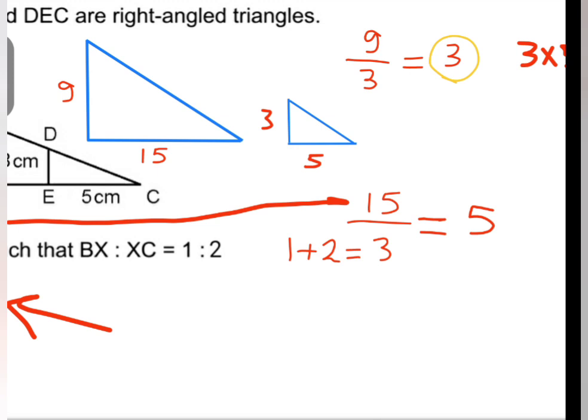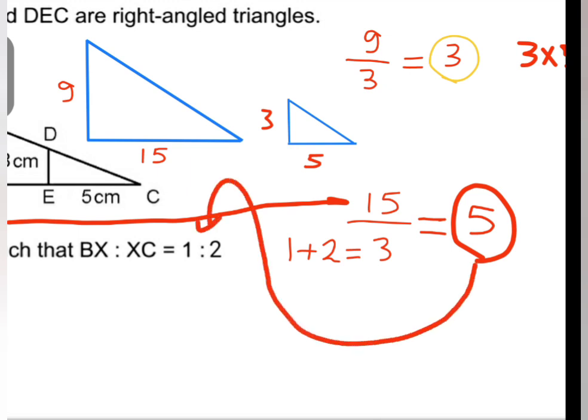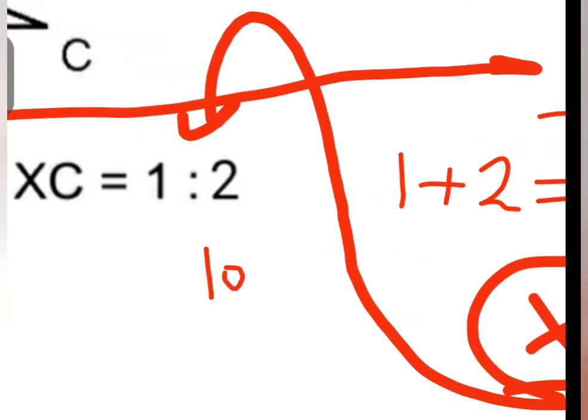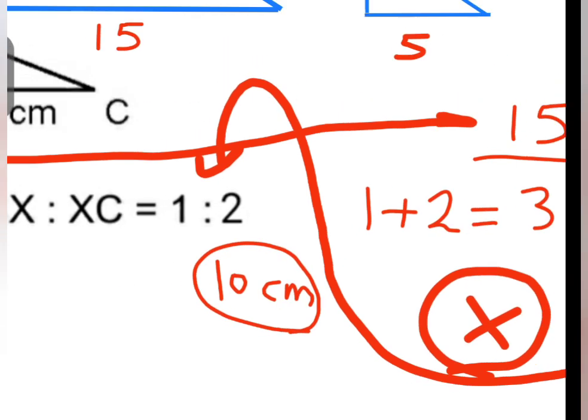So which one is for X? Is it the 1 or the 2? Very good, it's the 2. Now, we're going to take the number that we got from dividing and we're going to multiply it by the 2. 5 times 2 equals what? Good job, 10 centimeters. And this is the answer for the question.